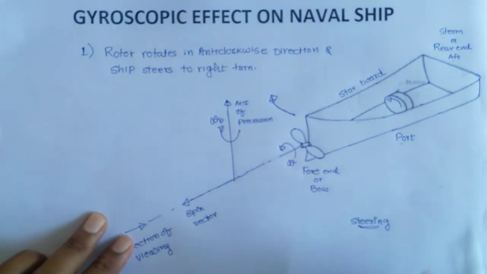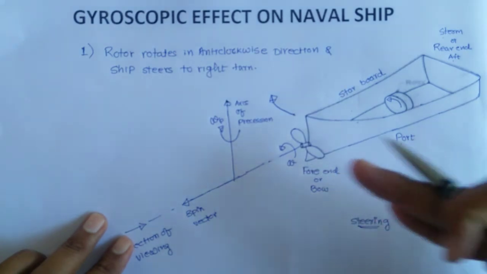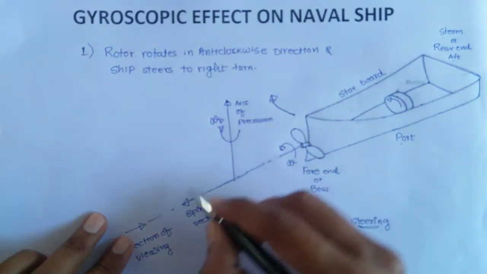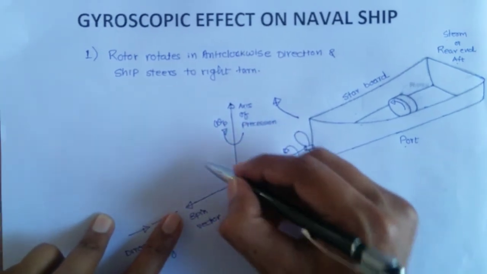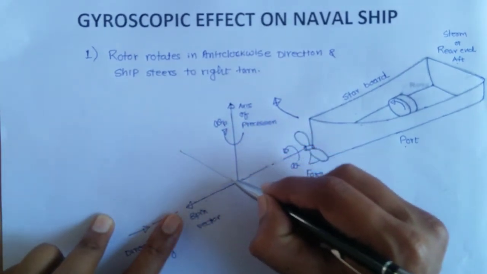Now we draw the vector of the active gyroscopic couple and the vector of the reactive gyroscopic couple. We know that our ship is taking a right turn, so we have to turn the spin vector through 90 degrees.